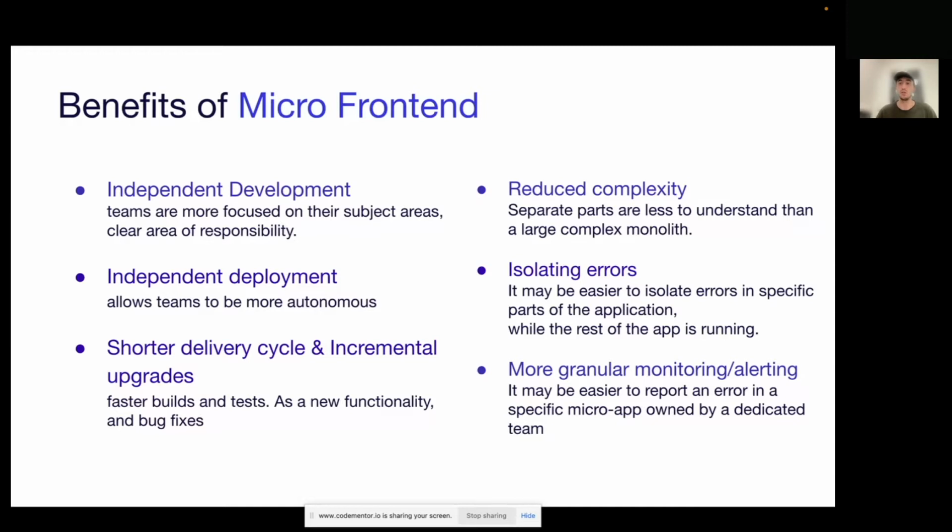And more granular monitoring and alerting. If you're using Sentry or some other technology for error tracking or monitoring front-end errors, you can catch these errors in separate parts, in some domain of your application, and the specific team that owns this domain can work on it and fix it.